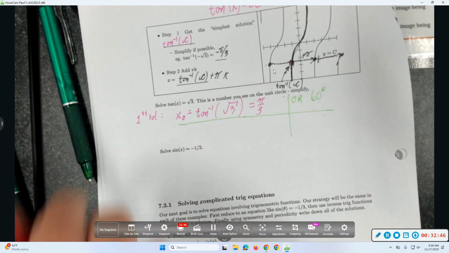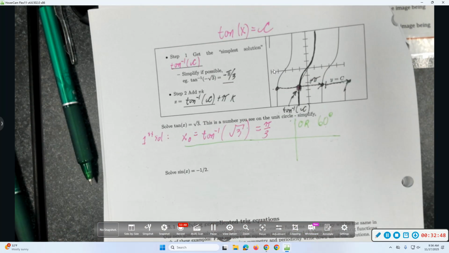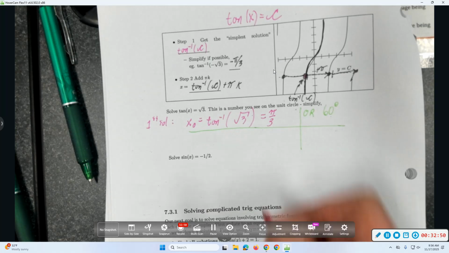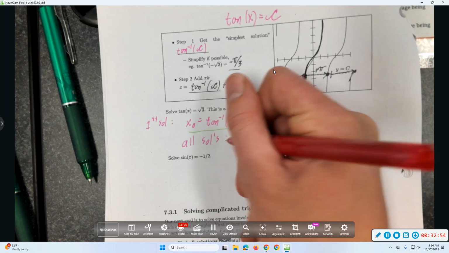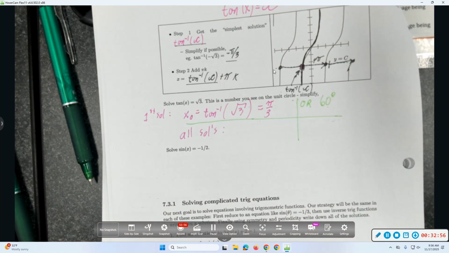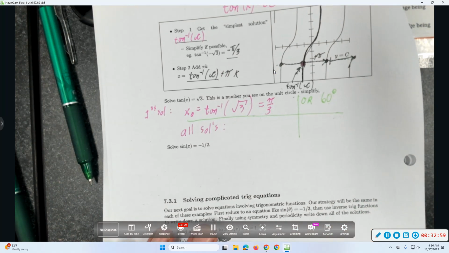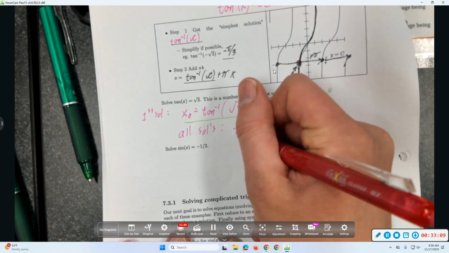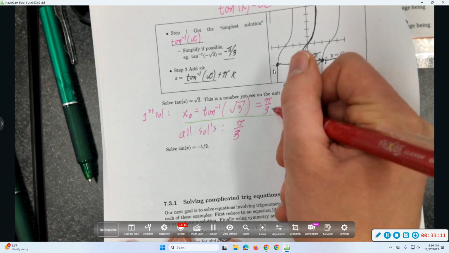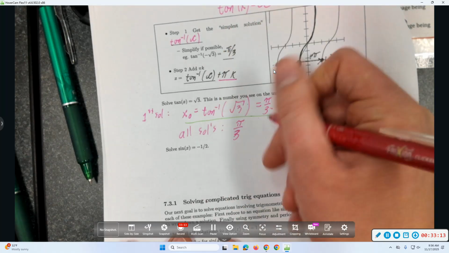And now we use the fact that we know the period of tangent. So now we're going to try all the solutions. In radians, what's the infinite family of solutions to this equation? Pi over 3 plus pi k. Pi over 3, the starting solution, plus pi k.